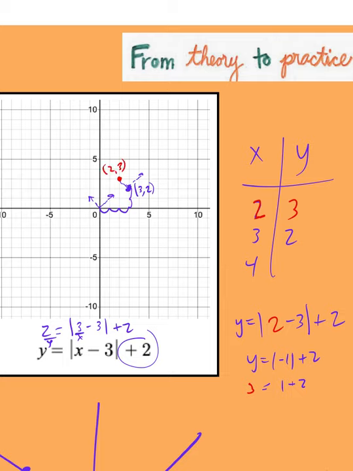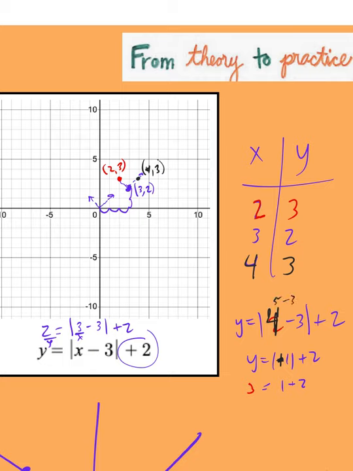If I put in 4 for x, I'm going to get much the same here. Then this would be a positive 1 absolute value, and that would be 1 plus 2, so that would also be 3. So 4 would be 4, 3. And again, if I put in 5 here, then 5 minus 3 is 2. 2 plus 2 is 4.